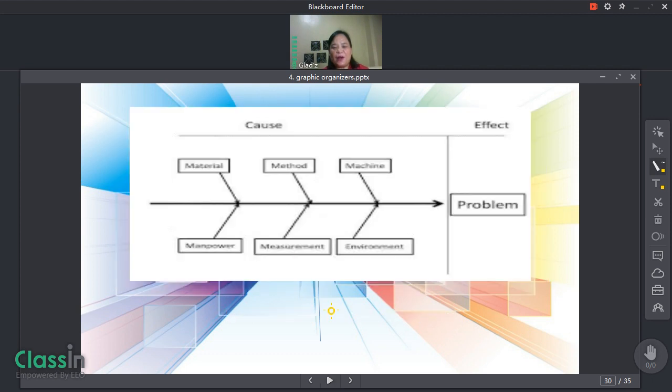Next, how about this one? From the shape itself, you can identify it. The shape itself is a clue or a hint. And another clue there is the cause and effect. So what is this? Yes, this is what we call a fishbone or cause and effect diagram.